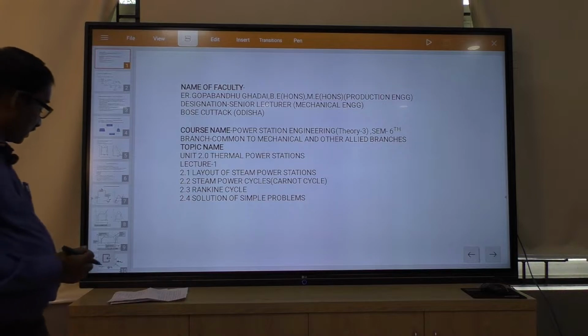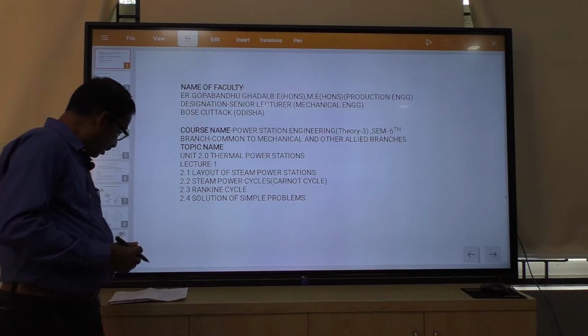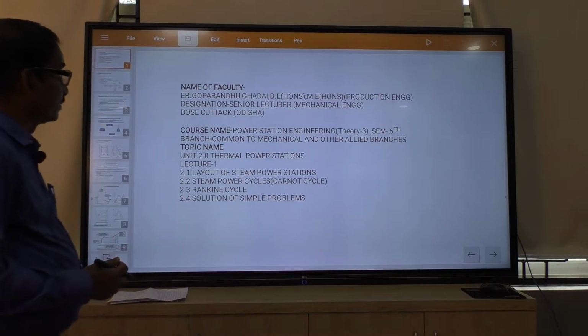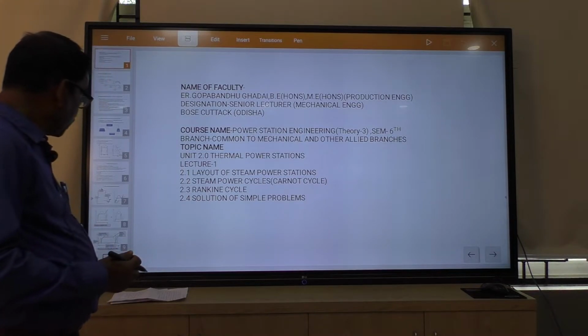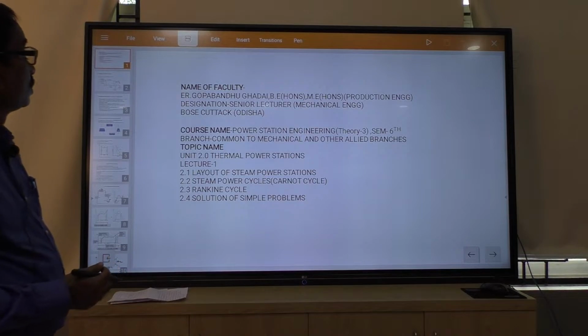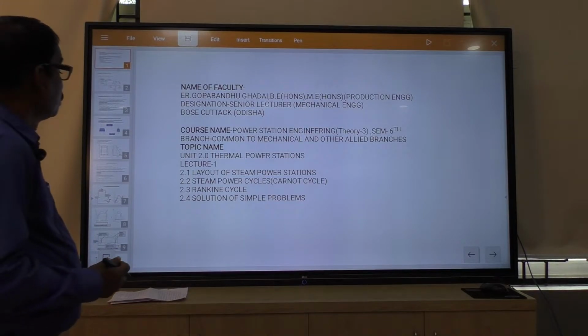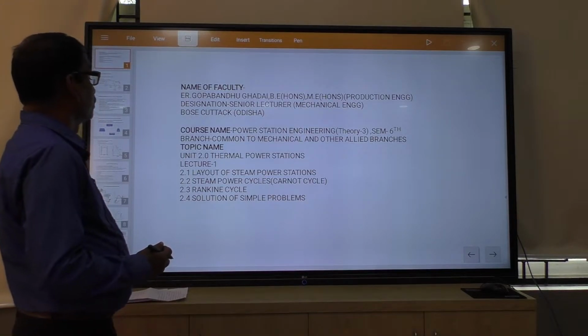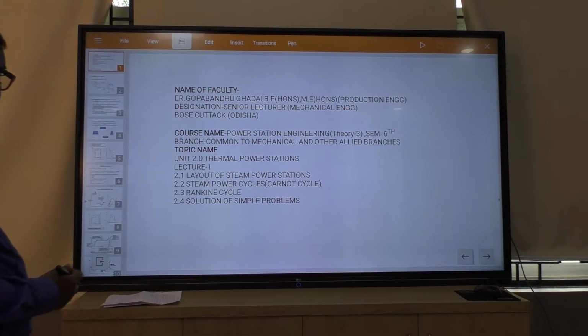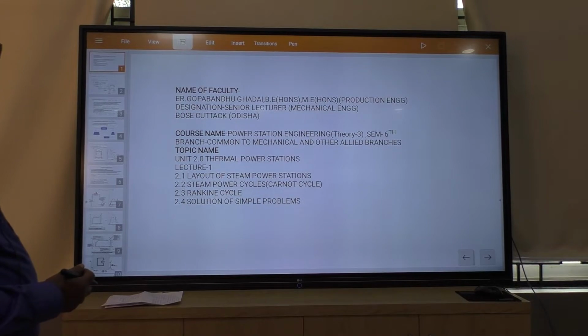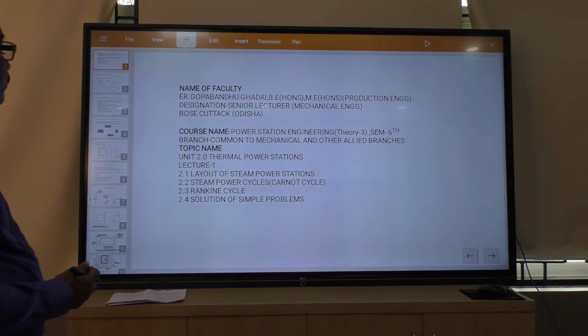Next is your gas turbine power plant, where natural gas is used as the heat source to produce steam from the water. So, like this the thermal power stations are designed in various ways.